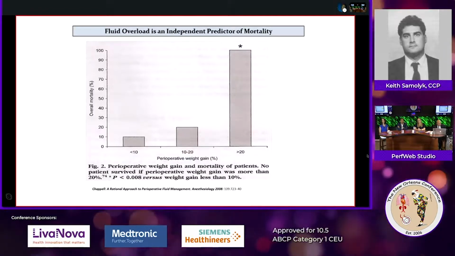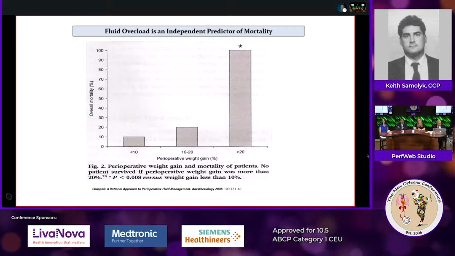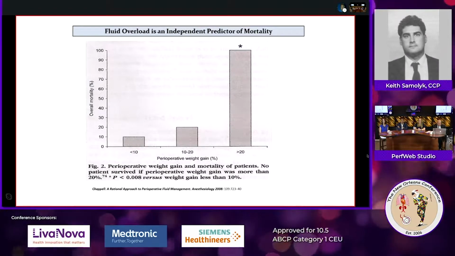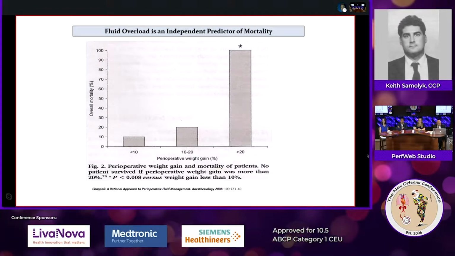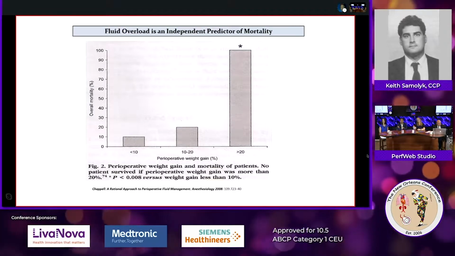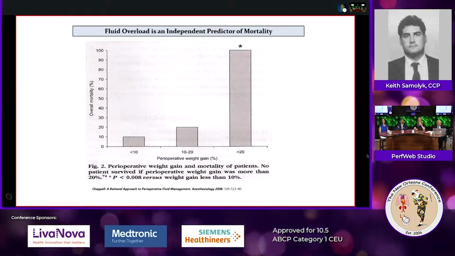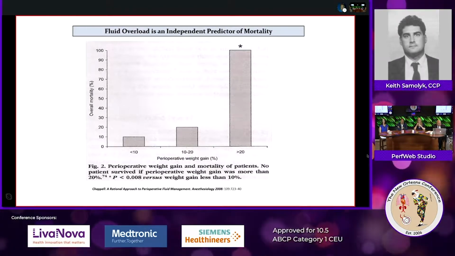So fluid overload is an independent predictor of mortality. And this is from that Chappell article, A Rational Approach to Perioperative Fluid Management. I would suggest everybody read that paper. It is so good. But what he showed was if you came into the hospital and you put on 10 extra pounds intraoperatively, you've increased your mortality, not morbidity, mortality by 10%.